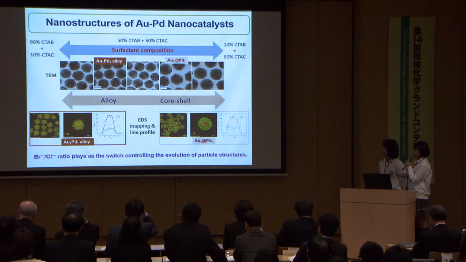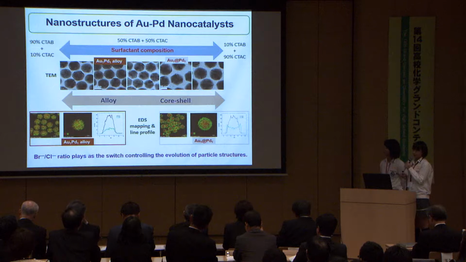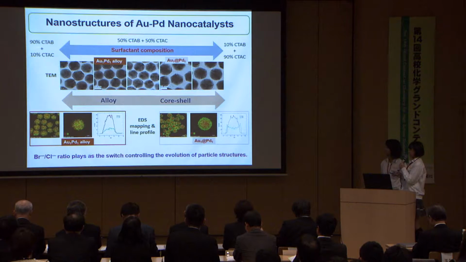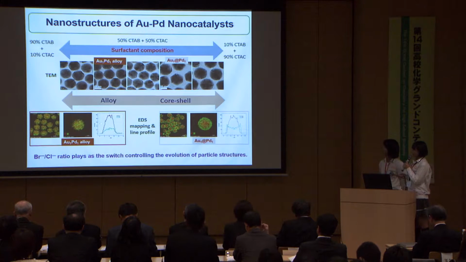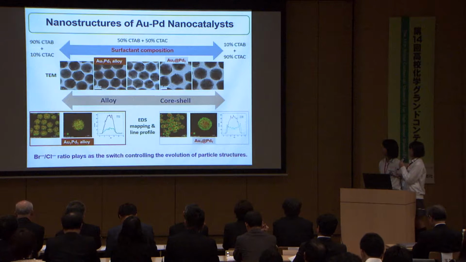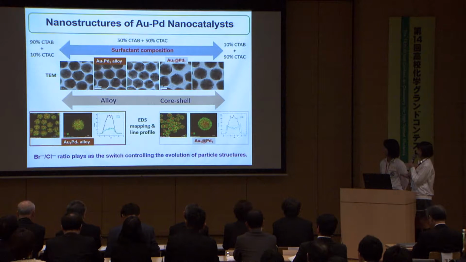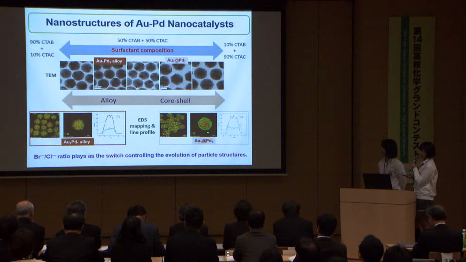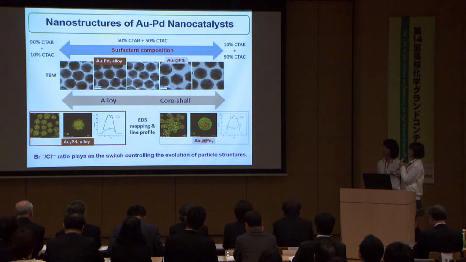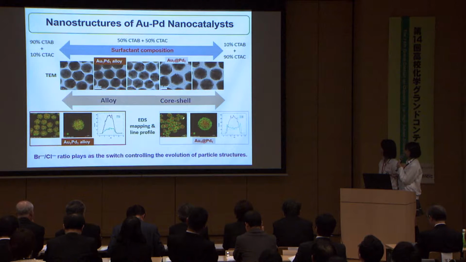The red part is Au while the green one is Pd. In the icosahedron case, we can see the Au and Pd grow and are well mixed. As for the core-shell case, we can see the Au forms the core and Pd forms the shell. So we can always see more Pd signal around the edge than in the middle.